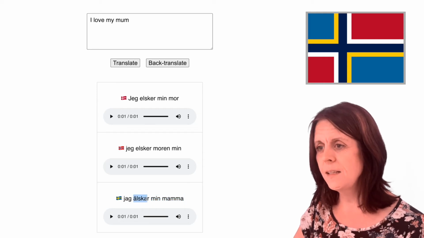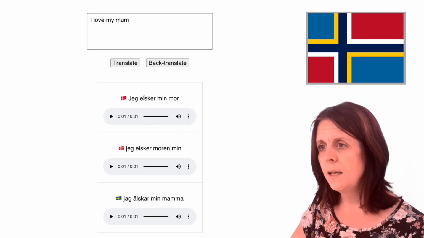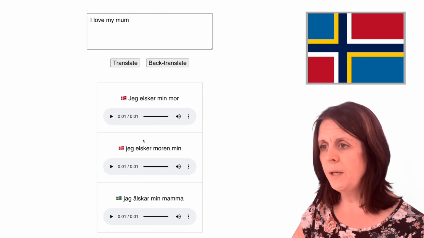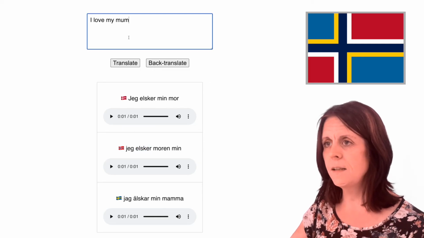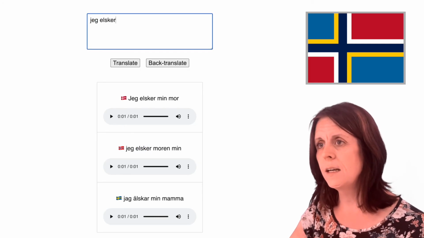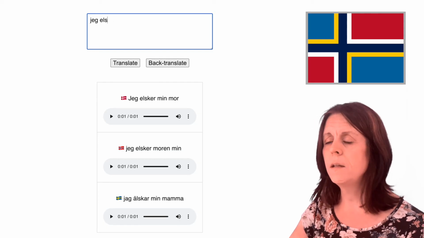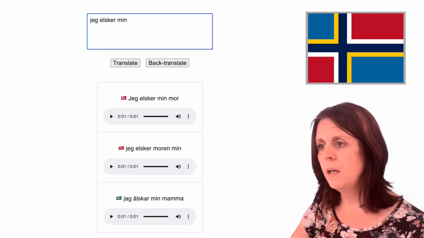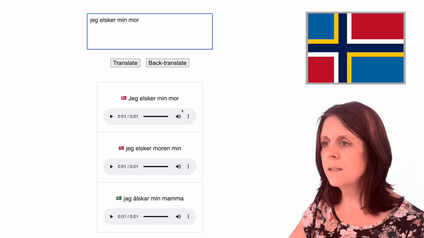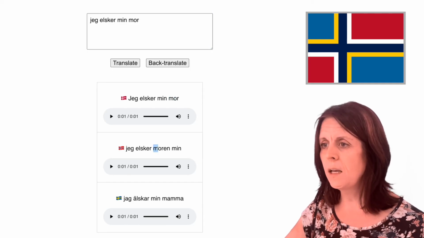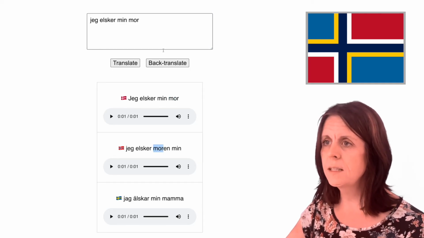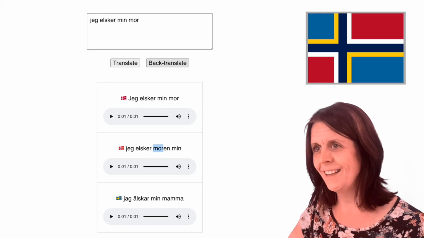But we can see, is it going to be elsker with an E? Yeah, it's going to be elsker with an E. So the answer is jeg elsker min mor. You're going to say mor because this does say mor as well. That's going to be Skandinavisk.